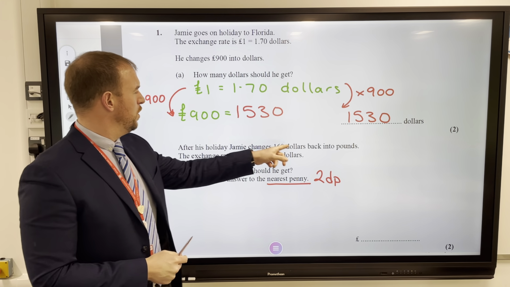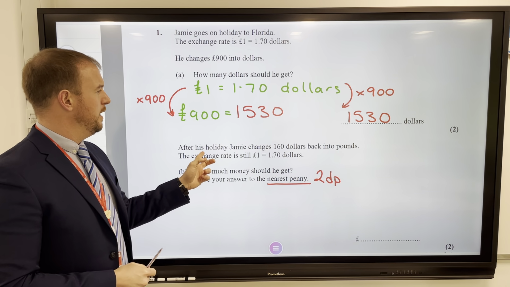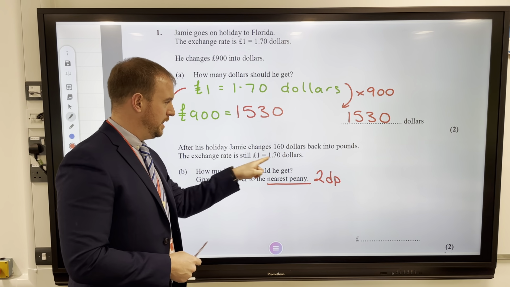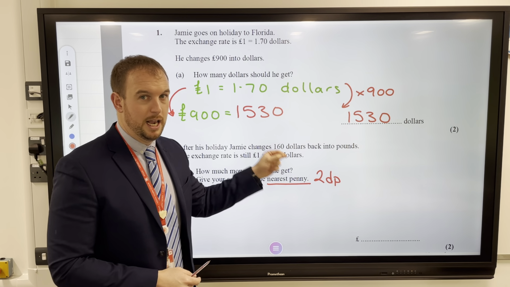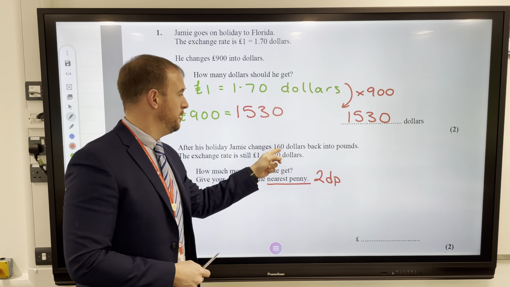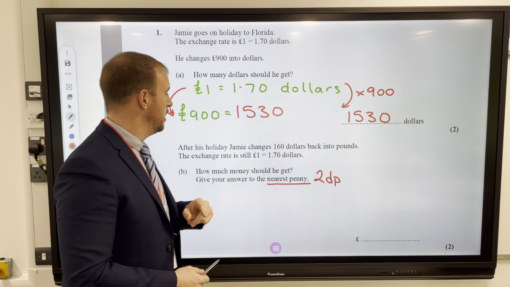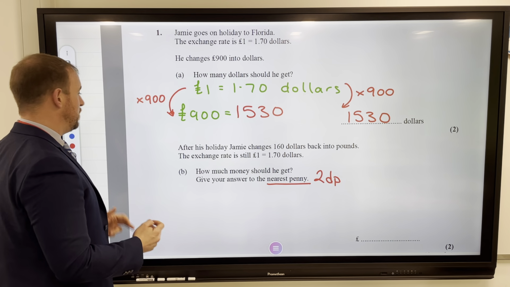So if we're putting dollars back into pounds, remember what we said before. If there's more dollars than pounds in the exchange rate, we're going to have less pounds. So our number is going to be lower than 160. If it's going to be lower, that means we must divide.